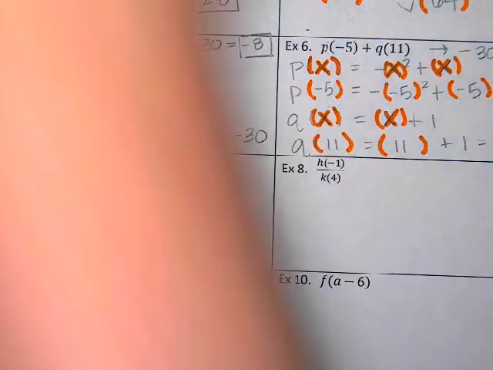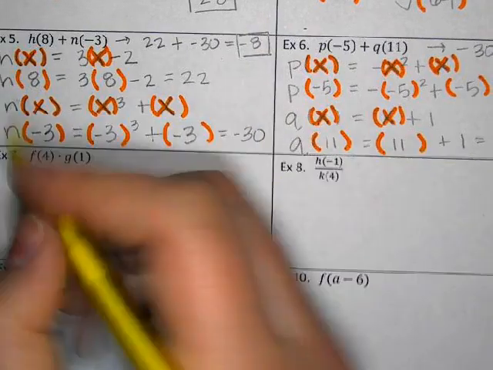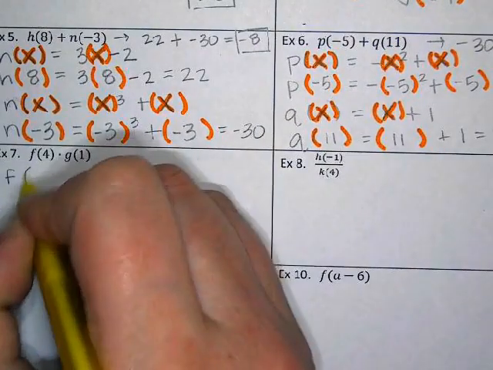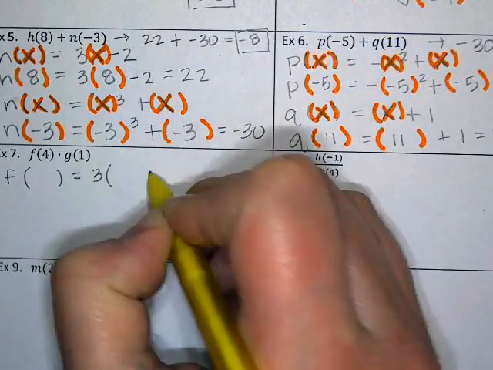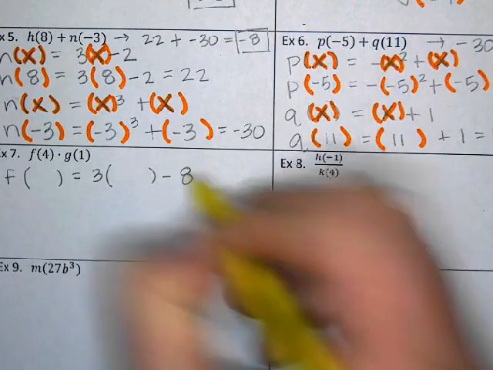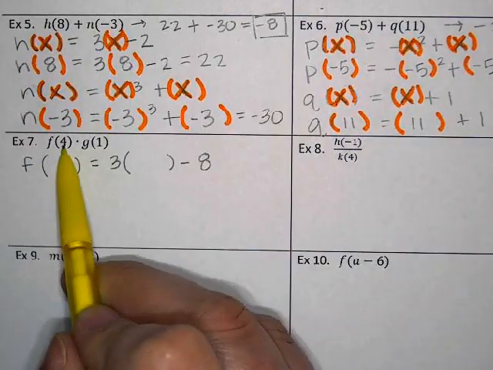So let me get rid of that. So I'm going to say f of x is 3 times x minus 8. And I'm just going to leave a blank space instead of writing down what the x is. And then I know that I'm plugging in 4.